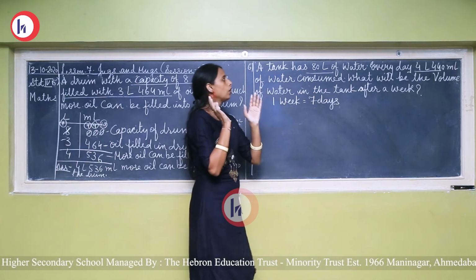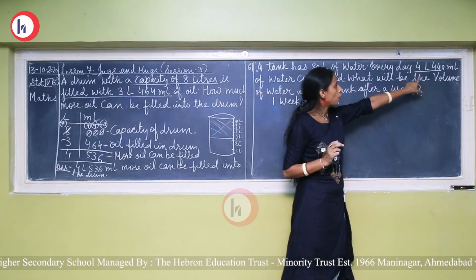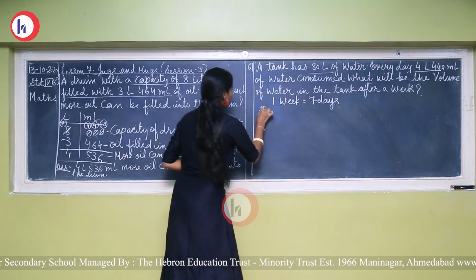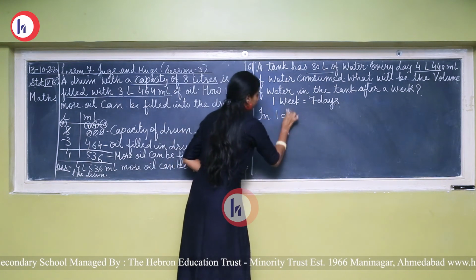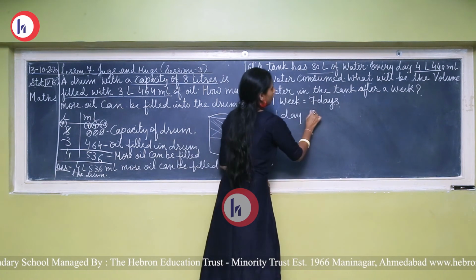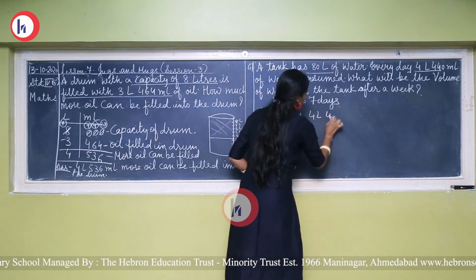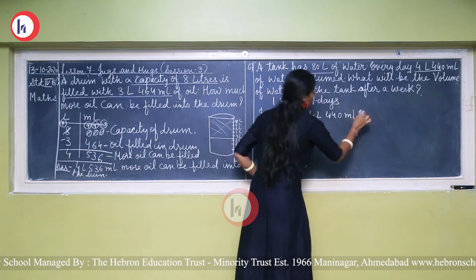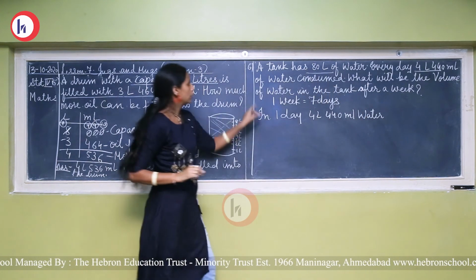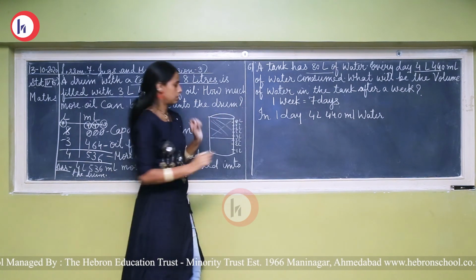So, first of all, we'll see in 1 day, 4 liter 440 milliliter of water consumed. Okay. So, we will write in 1 day, 4 liter 440 milliliter water consumed.